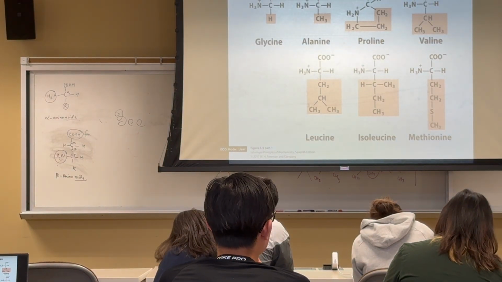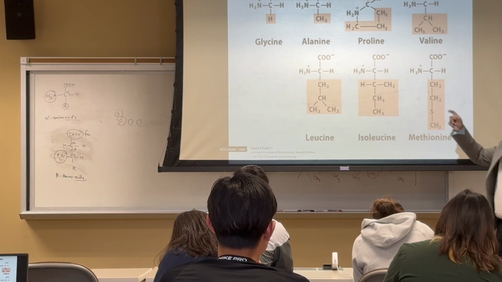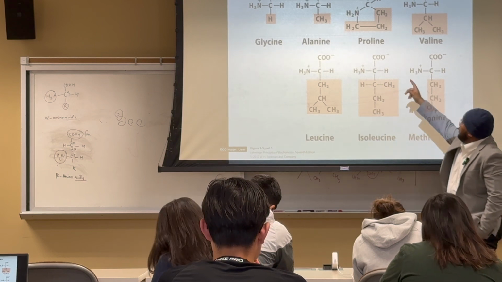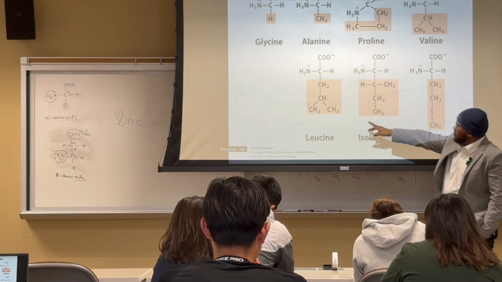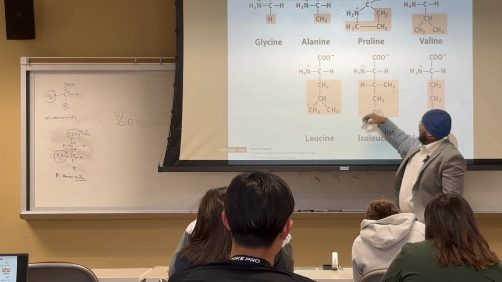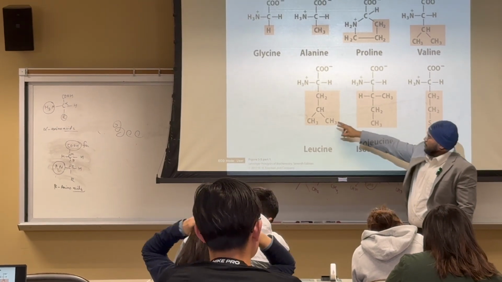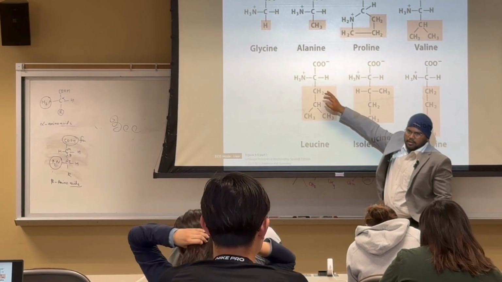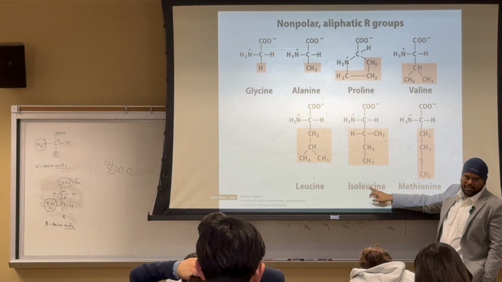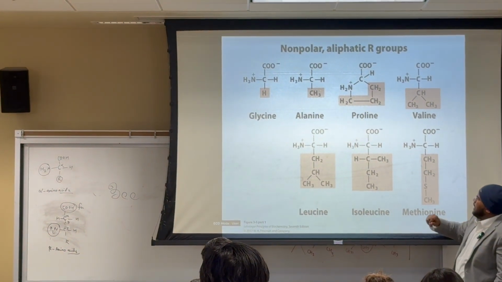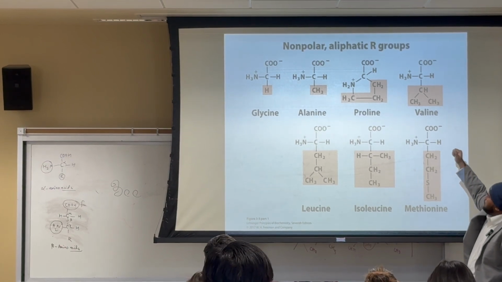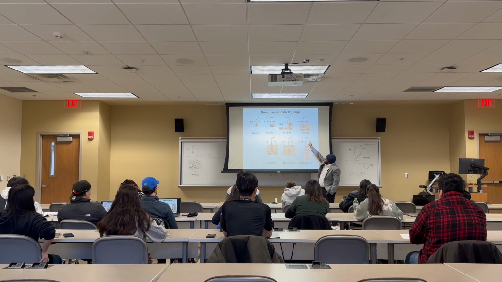First is glycine, hydrogen, second is alanine, CH3. Then we'll learn leucine first. Leucine is 1, 2, 3 and 4. And then isoleucine is an isomer of leucine. Write this over here. This is 1, 2, 3, 4. This is isoleucine. Then we'll learn about valine. Valine is opposite V. And then proline. Proline is 1, 2, 3, 4.